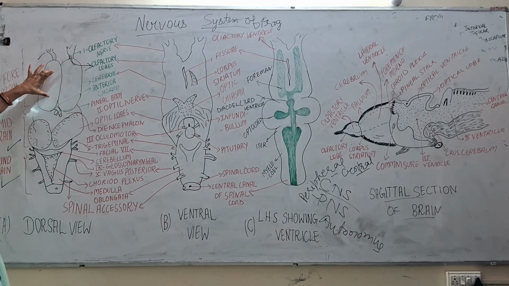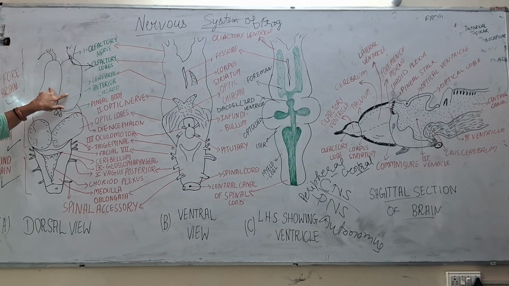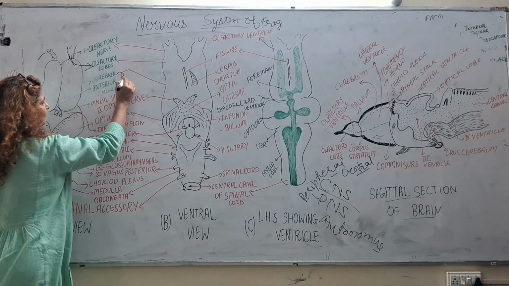Next, just below there are two big parts, jumbo parts, and a very important part of the brain. In our case, it is maximally filled by this part, the cerebrum, the cerebral hemisphere.